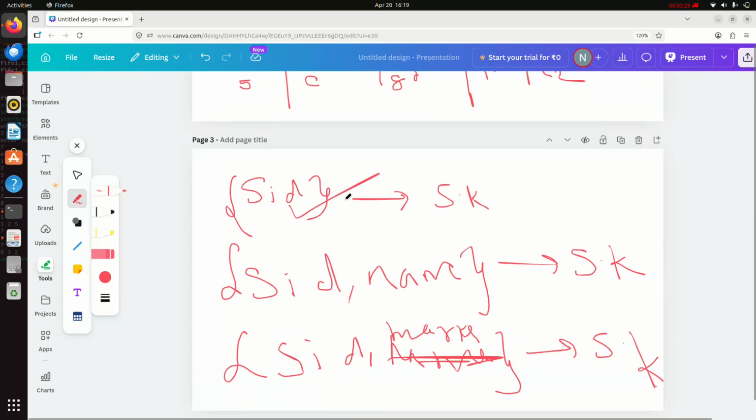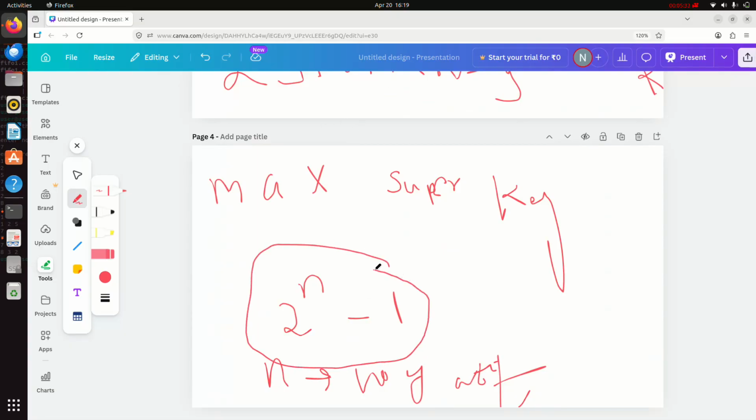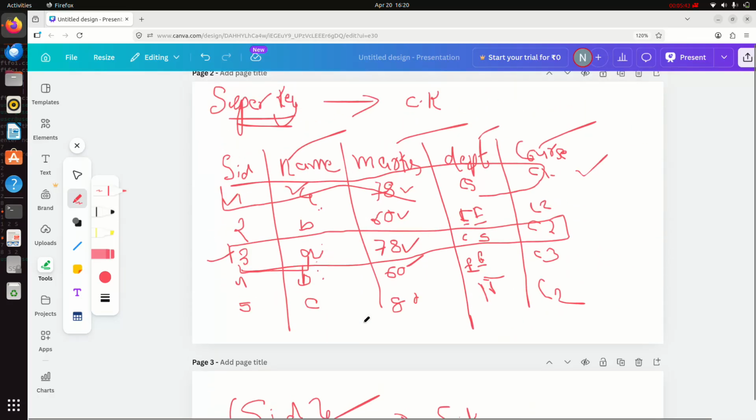If a table has n attributes, every non-empty subset of attributes can potentially be a super key. That is what this means. So max super key is 2 raised to n minus 1.